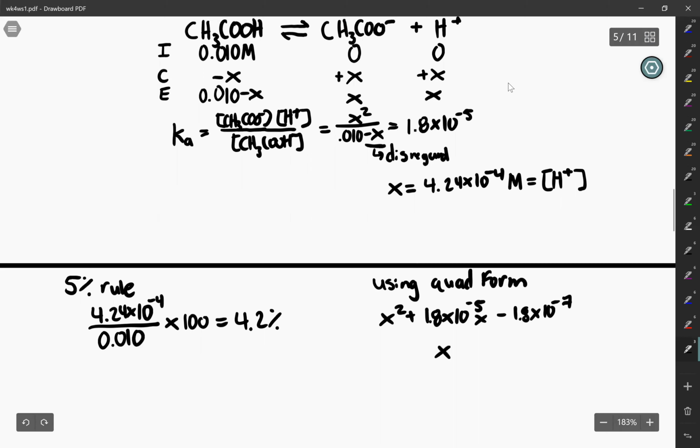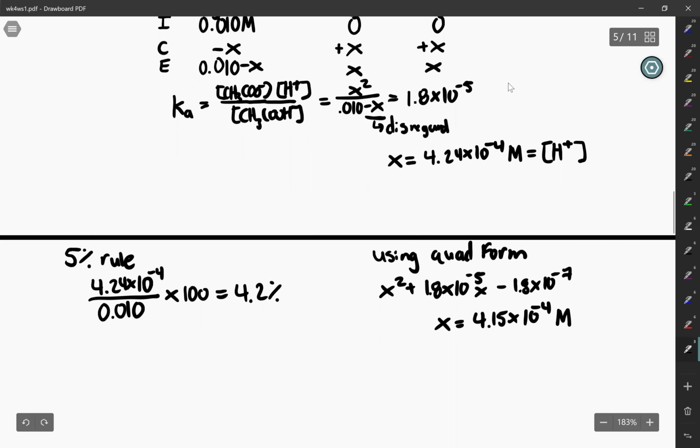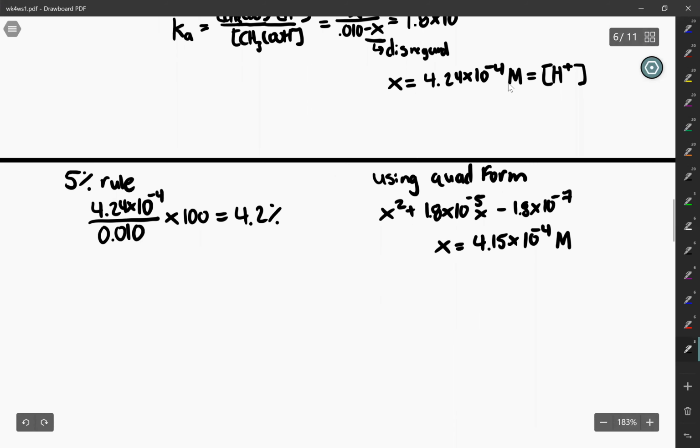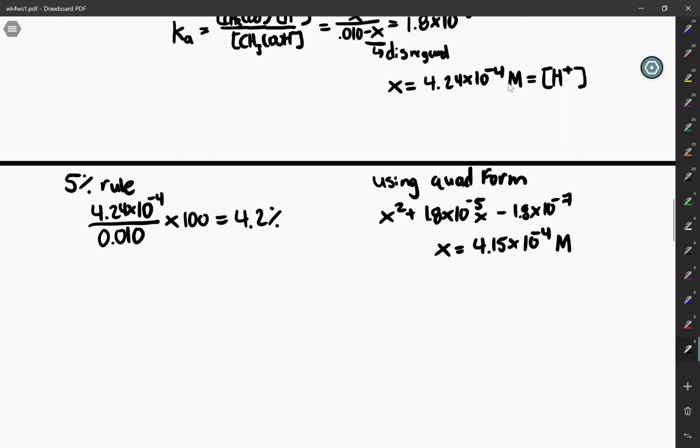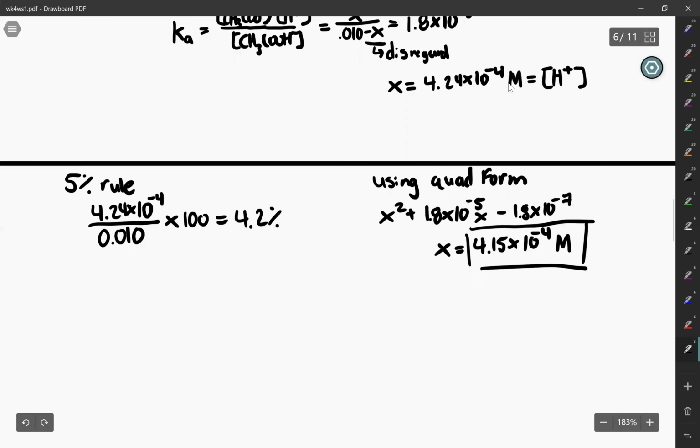And then we'd get an X that's equal to 4.15 times 10 to the negative 4, which is not significantly different from the X that we had before. So either concentration would be correct for this problem, this one, or the one we found here.